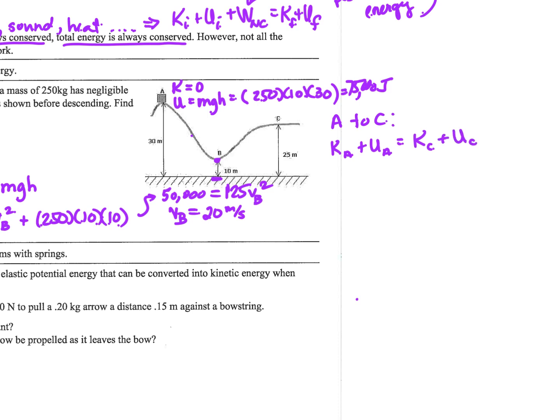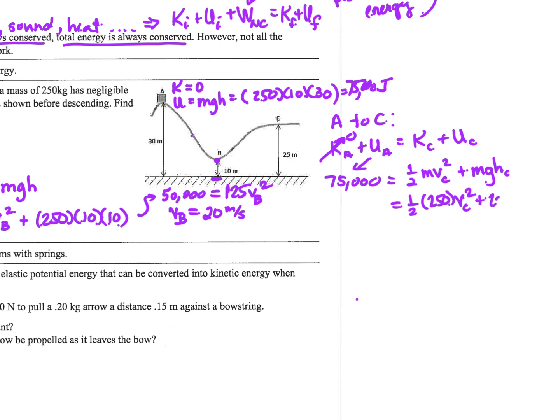1/2 mv squared plus mgh at C. So this is going to be the same thing, 1/2 of 250, but this time we're going to have the mass, 250, times gravity, but the height this time is 25, at 75,000 over here.